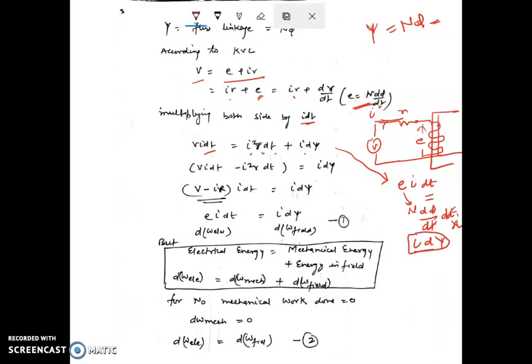So E I dt is replaced by I d psi. How? I have already discussed.